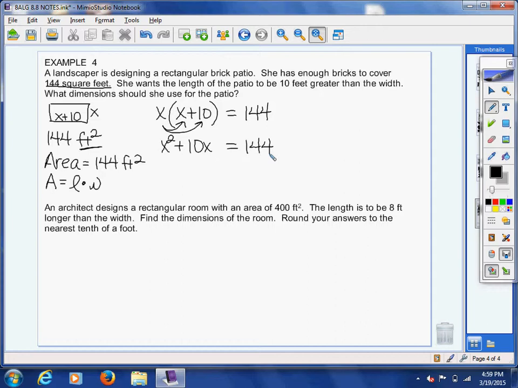I have the beginnings of a trinomial, and the A is already 1, so I don't need to divide the whole trinomial by any number. C is already on the opposite side, away from the x squared plus bx.